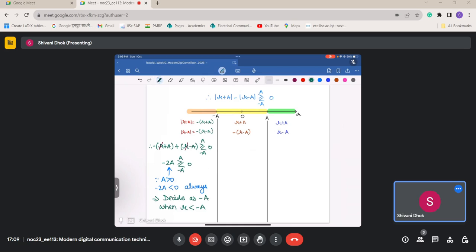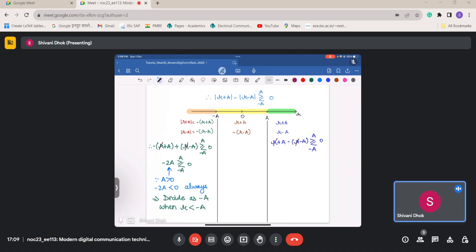Now let us consider the third region. So in third region, we need to replace magnitude r plus a as r plus a, and magnitude r minus a as r minus a. So therefore what we have is r plus a minus of r minus a is greater than 0 then a, and less than 0 then minus a. Again this is r and this is minus r, so we can just cancel them out.